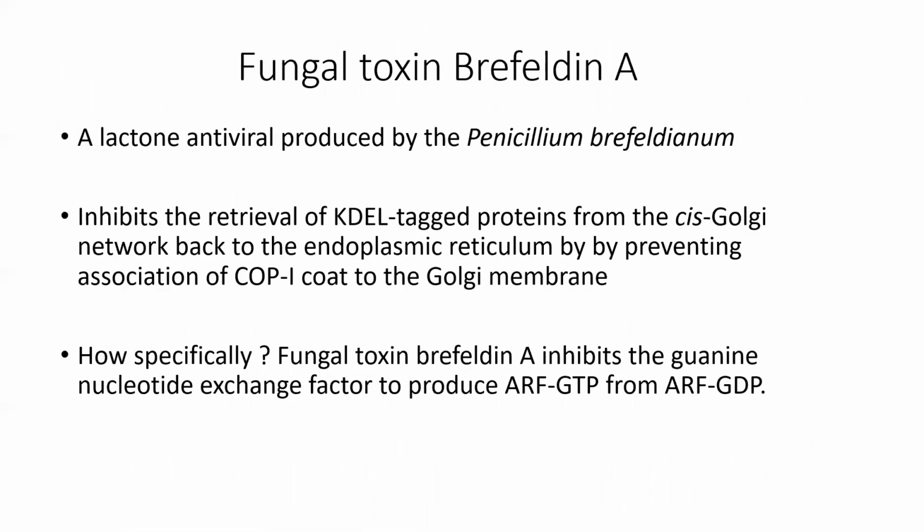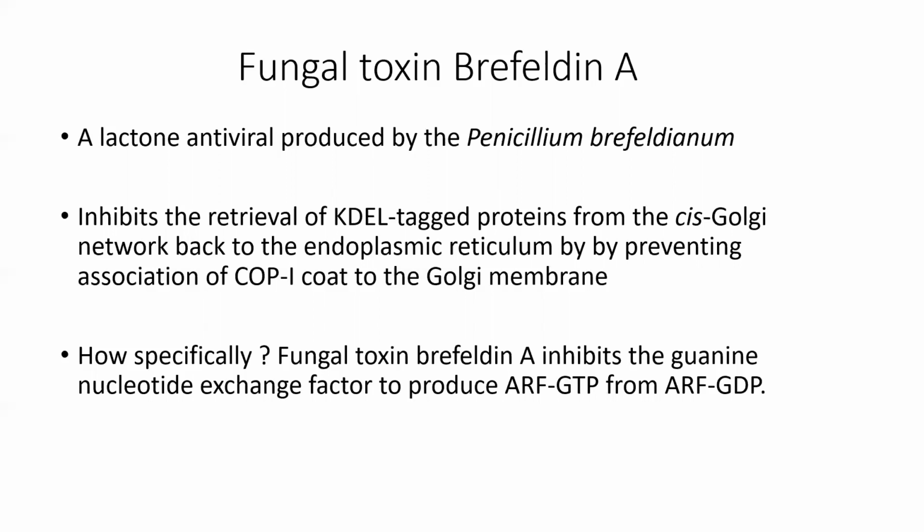So how does the fungal toxin Brefeldin A inhibit that process? First, Brefeldin A is a lactone antiviral produced by Penicillium brefeldianum. It inhibits the retrieval of KDEL tag protein from the cis Golgi network back to the ER by preventing the association of the COPI coat to the Golgi membrane.